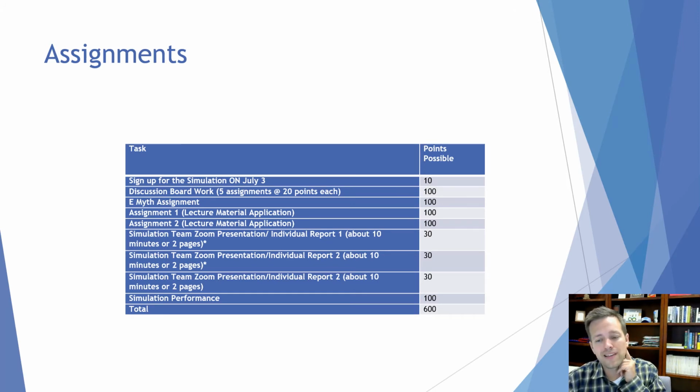So that's how it breaks down. You have to do well in all things if you want to make an A in here. If you want to make a B, you could be a little weaker on one of those categories and still make a B.